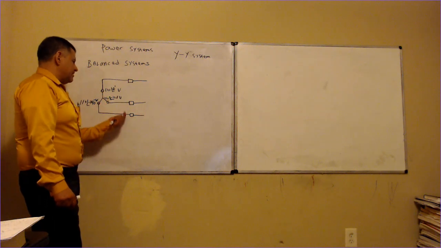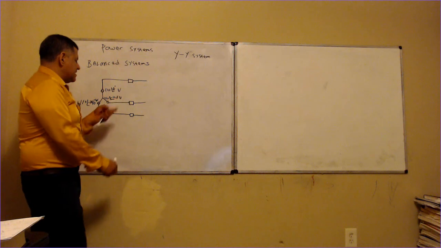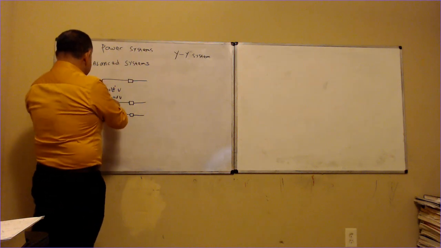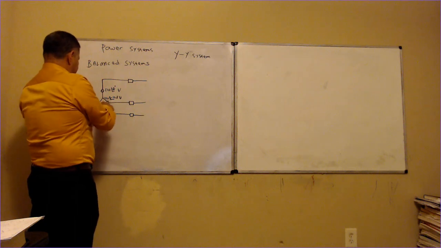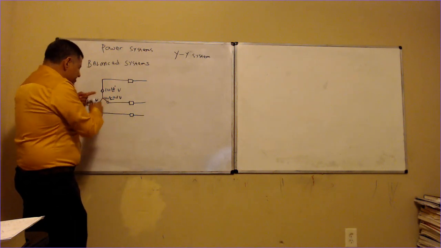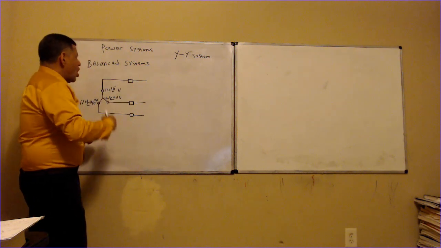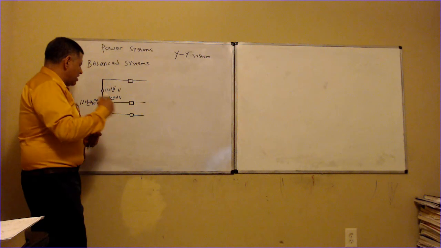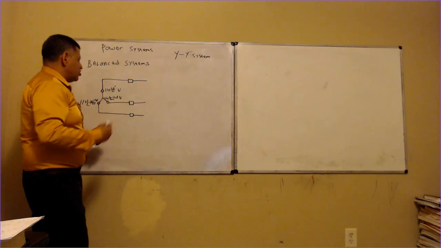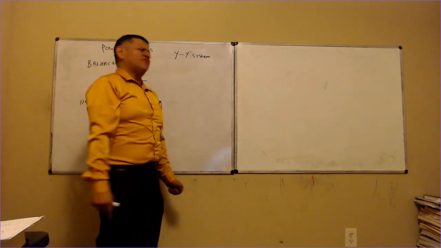It's not. Line voltage is this one and line current is this one. Phase to phase is inside the transformer, the impedance inside the coil, of the turns in the transformer.